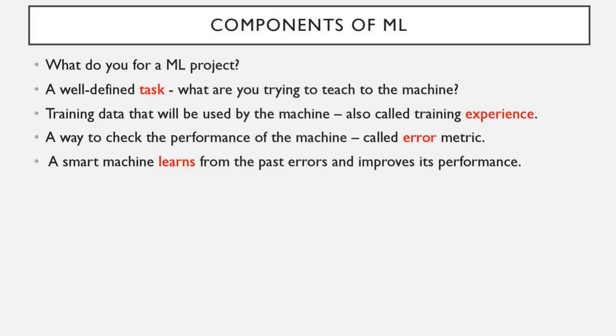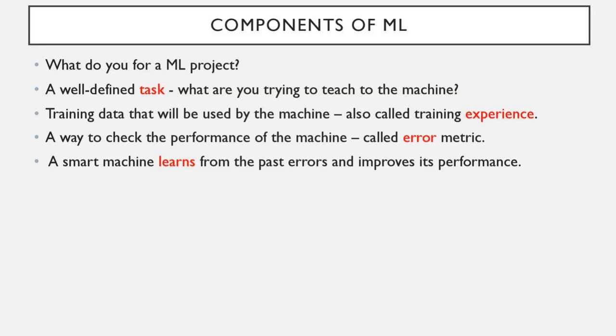Now, if you put this into daily life, there is a task. A student comes to you and says, sir, what do you want me to learn? You tell them, I want you to learn to solve an equation. The student will ask you, what type of training will you give me? And you say, I'll give you some solved examples of solving an equation.